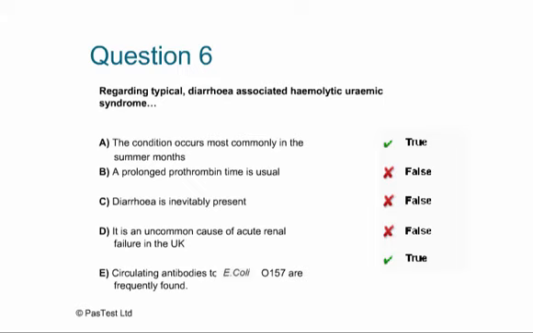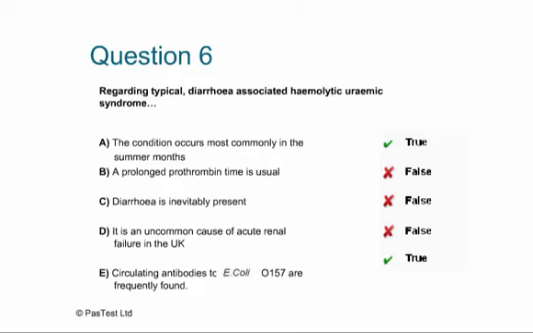It is not elevated. C, diarrhea is inevitably present. I think the key word here in the stem is inevitably. Diarrhea is usual, as the name would suggest, in diarrhea-associated hemolytic uremic syndrome, but it's not inevitable. Some cases of non-diarrhea-associated HUS have diarrhea, and some cases of diarrhea-associated HUS don't have any diarrhea. Response D, it's an uncommon cause of acute renal failure in the UK.